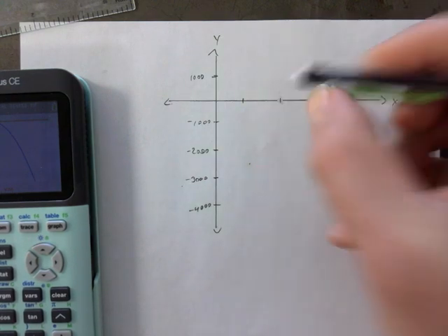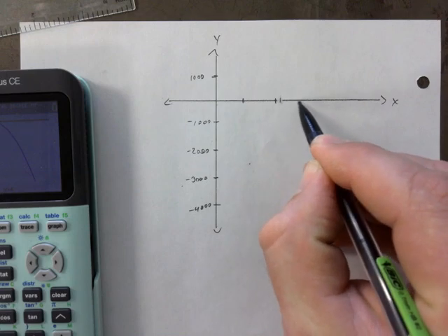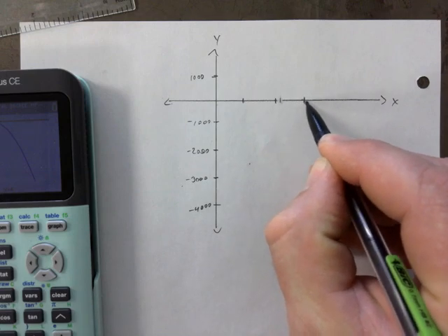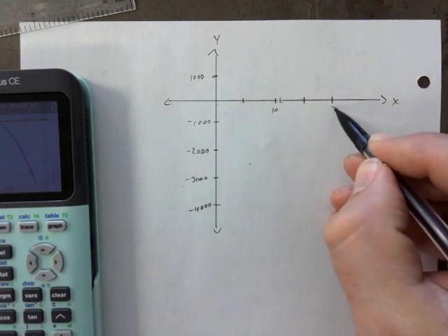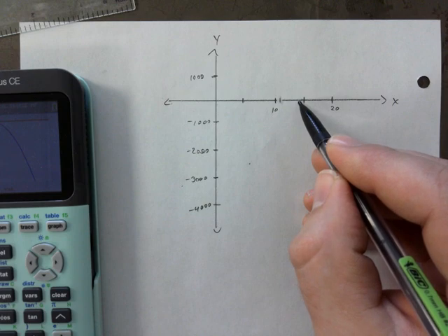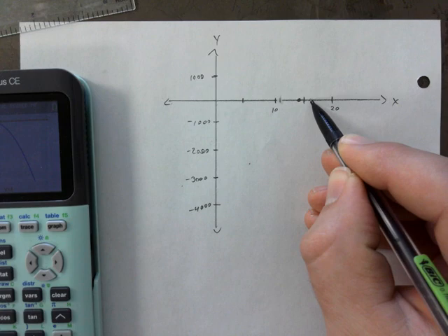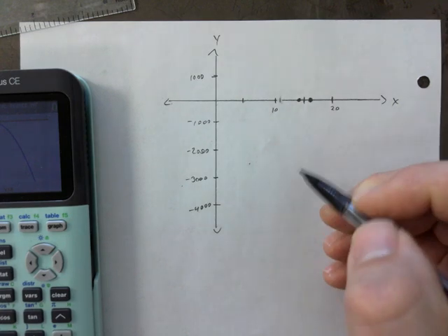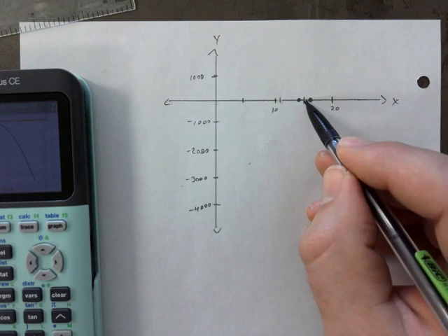I'm going to redo this. 5, 10, 15, 20. Okay. So that's kind of my game plan there. And so one is 13.94, which is right about here, and one is 16 something, which is right about there. Okay. And the vertex is 15, 20.